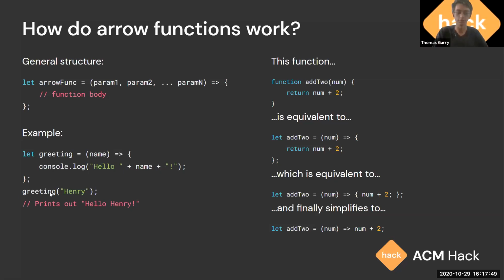This is how you would call it. It's the same way as if it was a function. So this is how we could convert from a function to an arrow function. We do this just by taking out the function keyword, adding let, putting an equal sign, and putting an arrow. And we can keep simplifying if it's a one-liner to not even include the brackets. So this is extremely clean code, and that's one reason to use it.